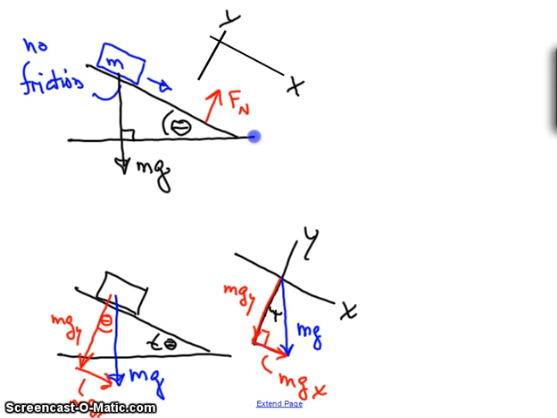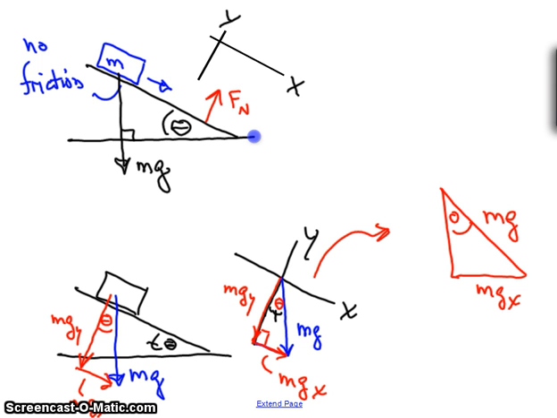Well, that makes it convenient because now we need to find out what these components really are. As you can see, mgy is the adjacent side of this triangle. If we look at this triangle mounted on its base, we have mg as the hypotenuse, mgx here, there's theta, this is mgy.